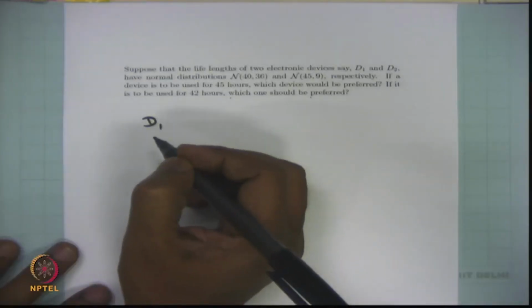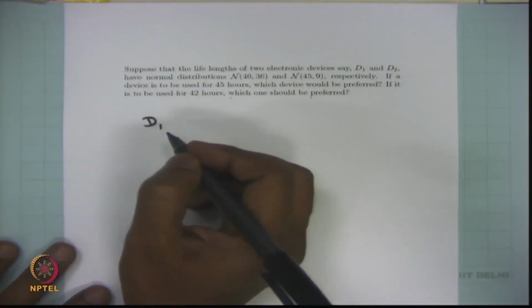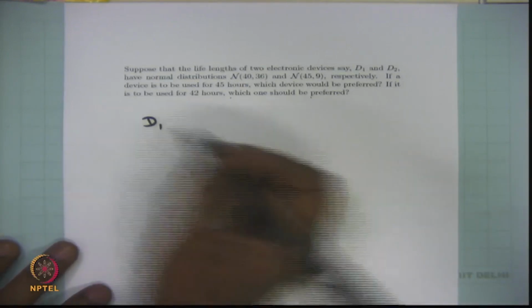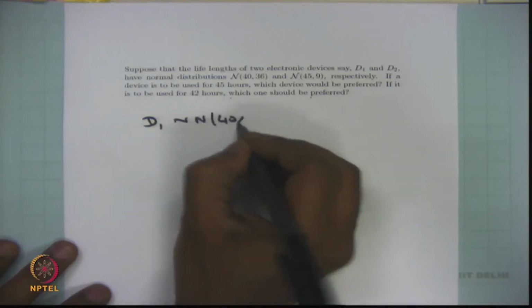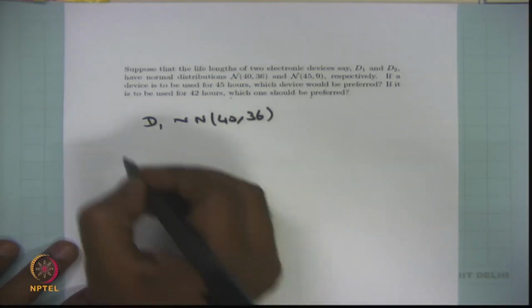We assume the lifetime follows a normal distribution and so on, and we get the results. So, what we can do, we can write the problem: D1 is a random variable, the life length of the first device, which follows a normal distribution with mean 40 and variance 36.